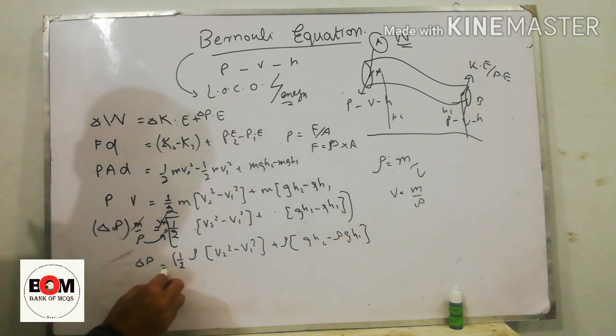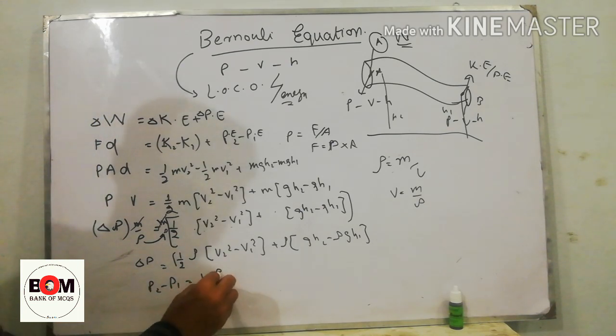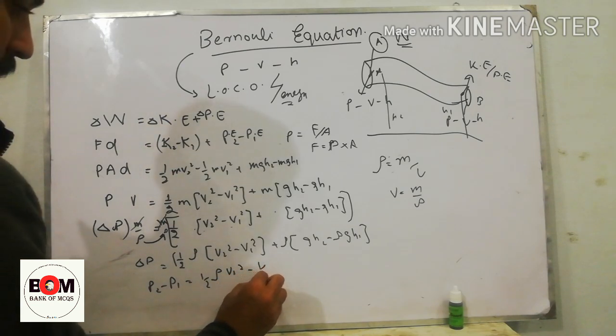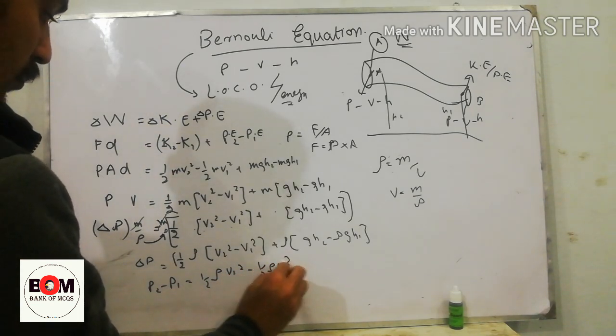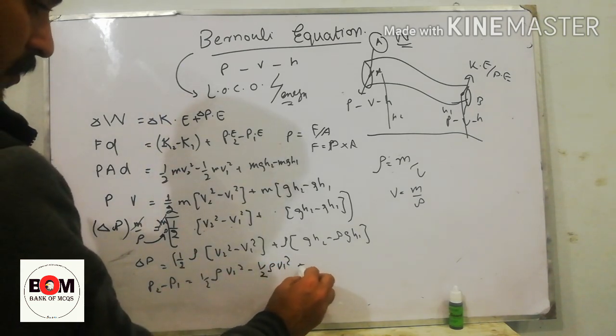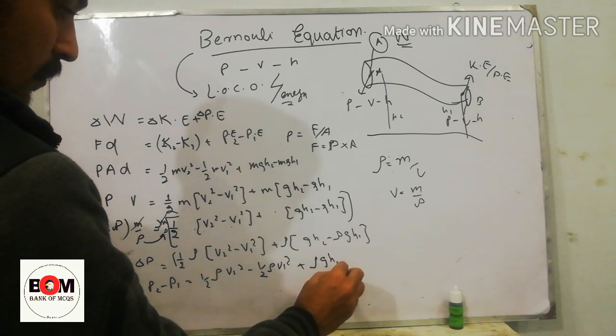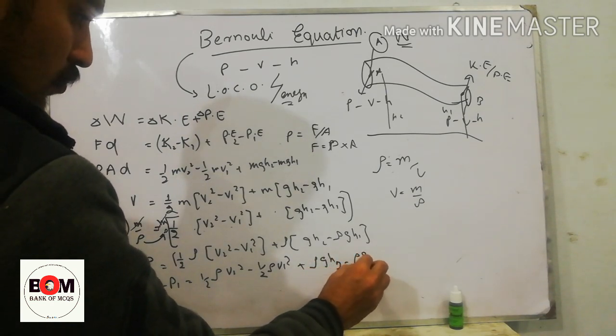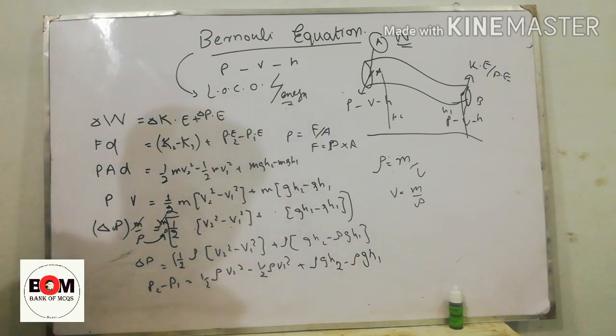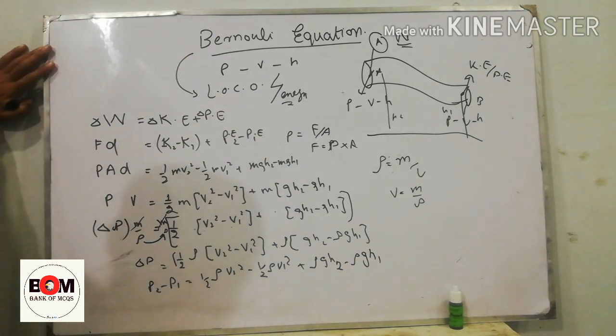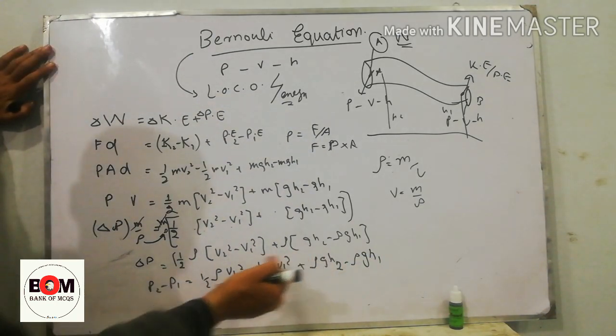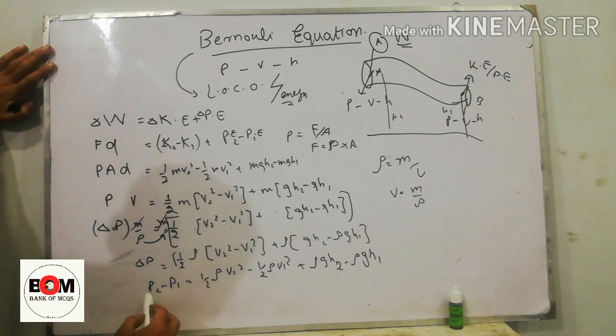So we can also write that P2 minus P1 is equal to half rho v2 square minus half rho v1 square, plus rho g h2 minus rho g h1.